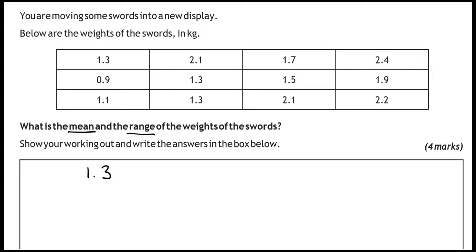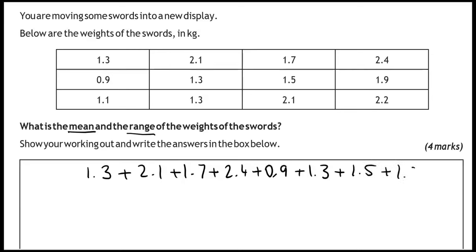So 1.3, add 2.1, add 1.7, add 2.4, add 0.9, add 1.3, add 1.5, add 1.9, add 1.1, add 1.3, add 2.1, add 2.2, which is 19.8.